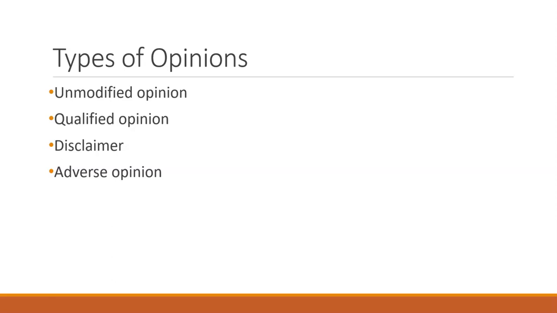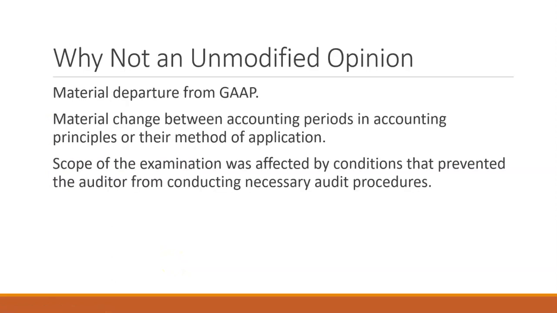Where it's not an unmodified opinion, there's something that they just want to bring up or tag, such as yes, fairly presented with the exception of this statement or this business entity, except for this particular thing. Disclaimer and adverse opinions then are going to be negative opinions where you would say, no, they were not following the rules of accounting that needed to be followed.